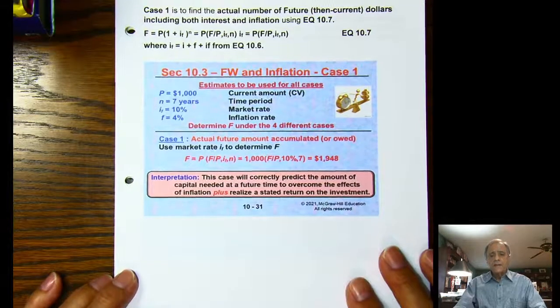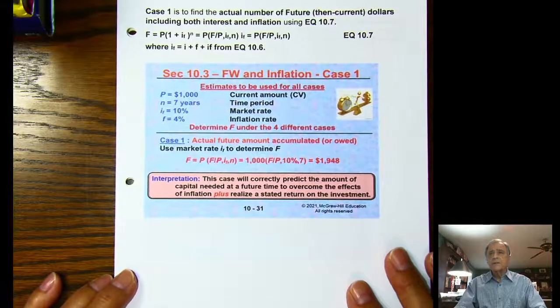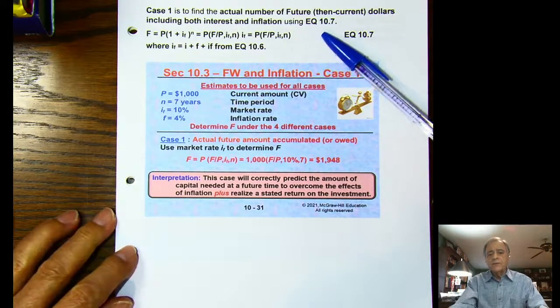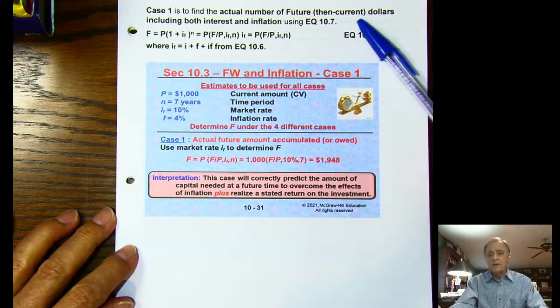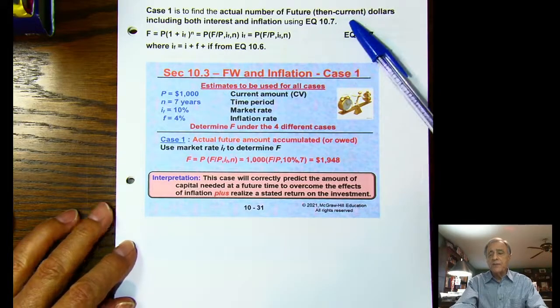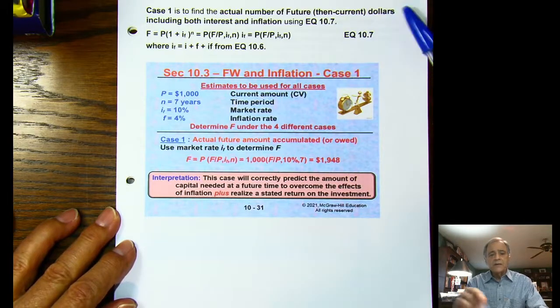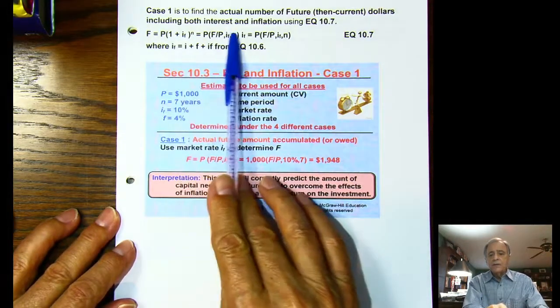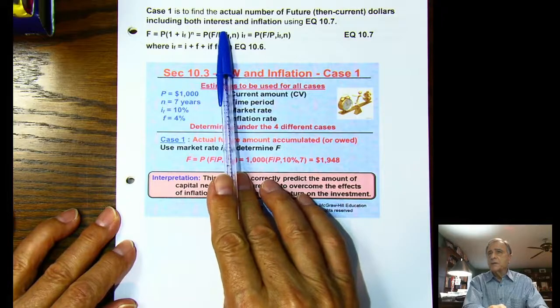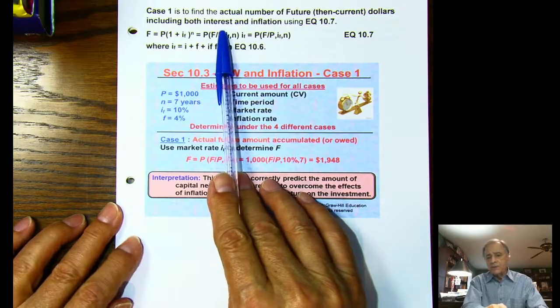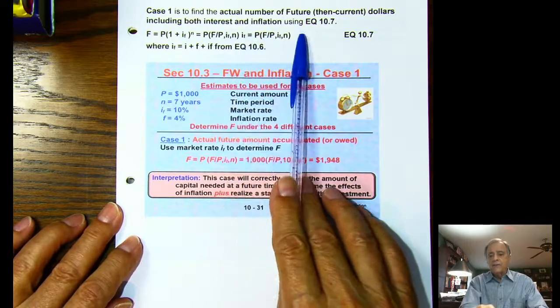The first case that the author discusses is to find the number of future, or then current, dollars. Remember, future dollars from the last lecture are called then current dollars, including both the interest that you will earn, what is called the real interest rate, and the inflation.